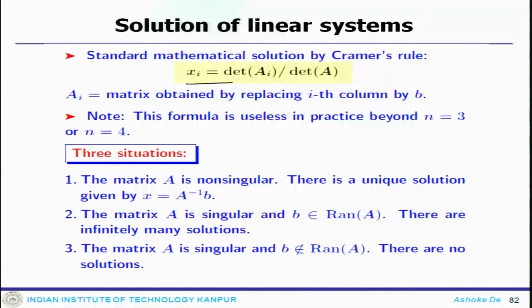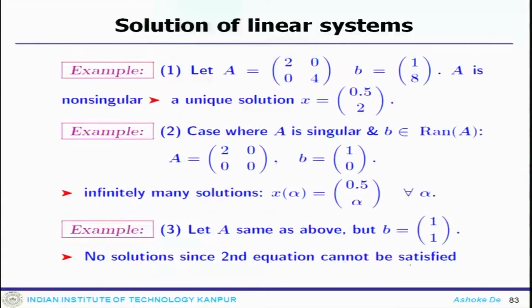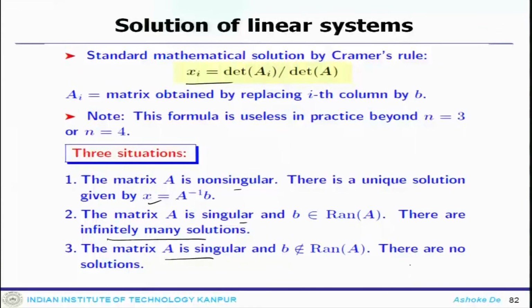If the matrix is non-singular, you get a solution. If matrix A is singular, there are infinitely many solutions. If matrix A is singular, there are no solutions. So, this is what you see when you are trying to solve the Ax equals b system, and these are the properties one has to keep in mind.